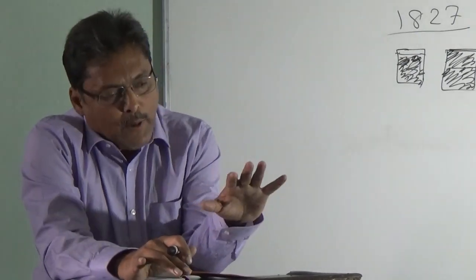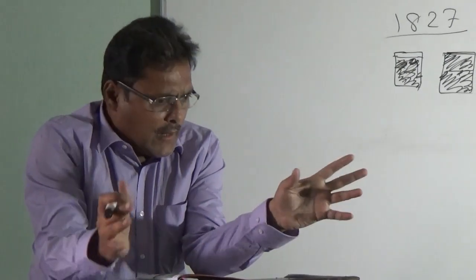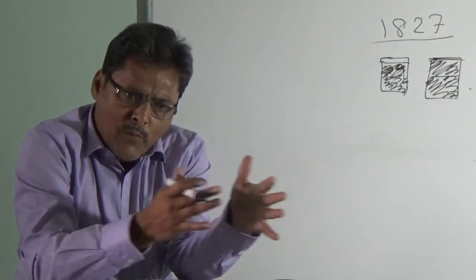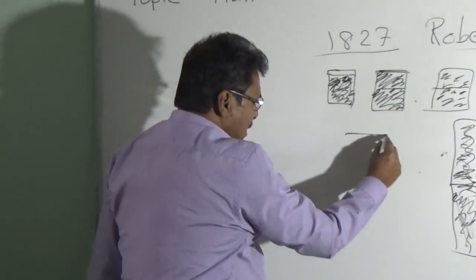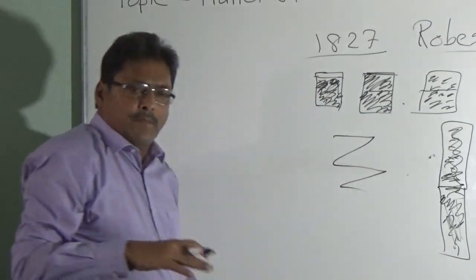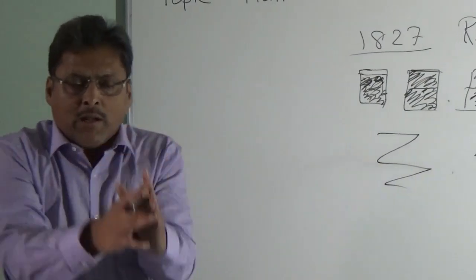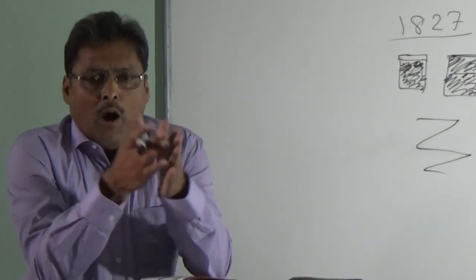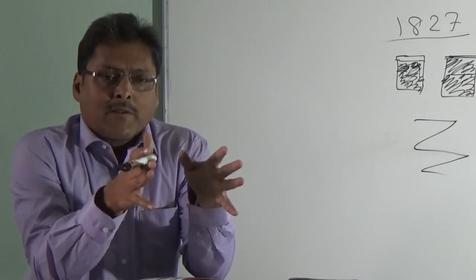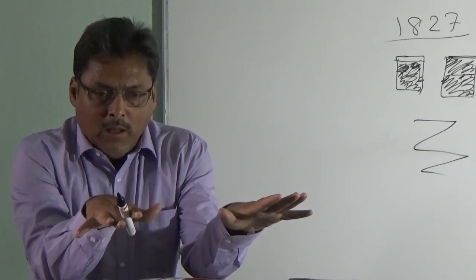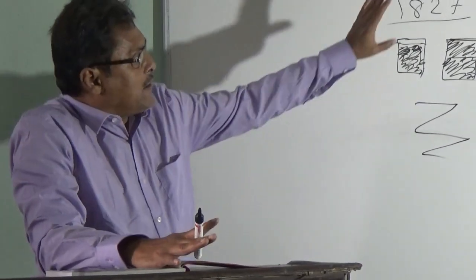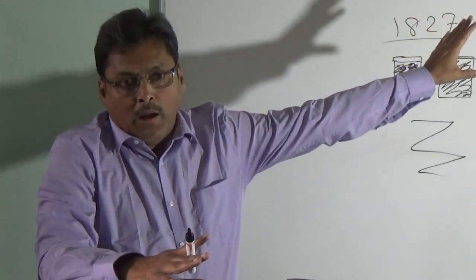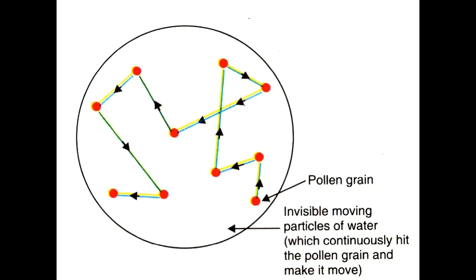After some time you see the pollen grains moving here and there by themselves, a to and fro movement and zigzag movement. This zigzag motion of pollen grains or particles on the surface of water or in the air is named after Robert Brown. It is called Brownian motion.